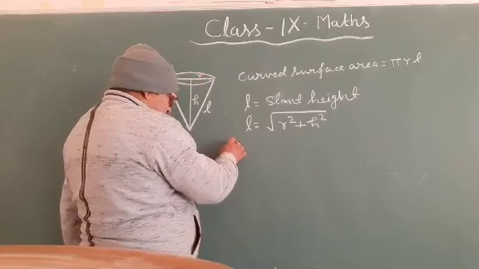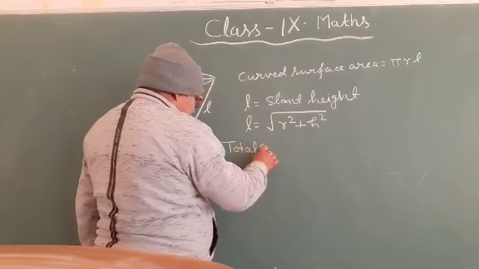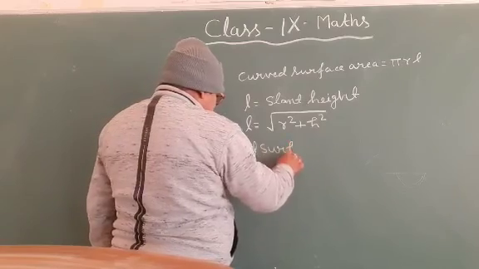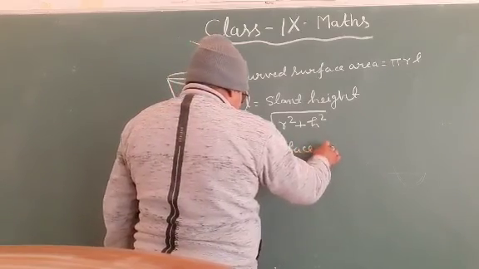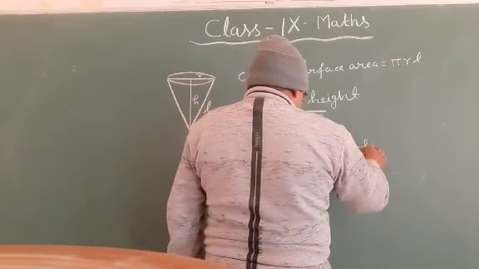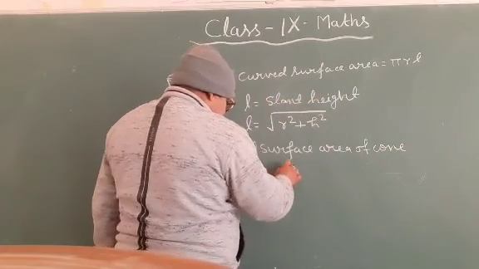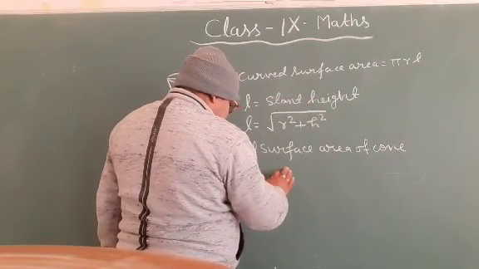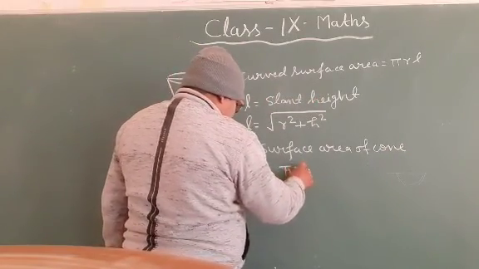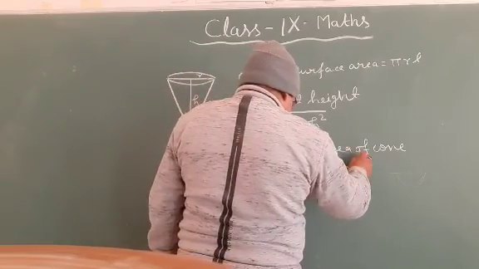So the total surface area of cone is equal to pi r l plus pi r square.